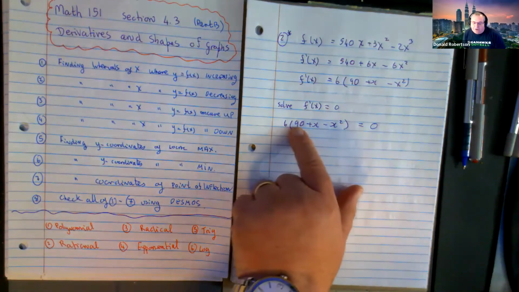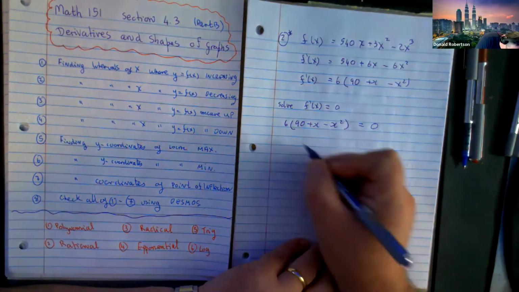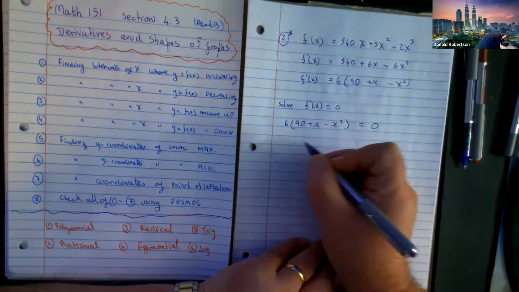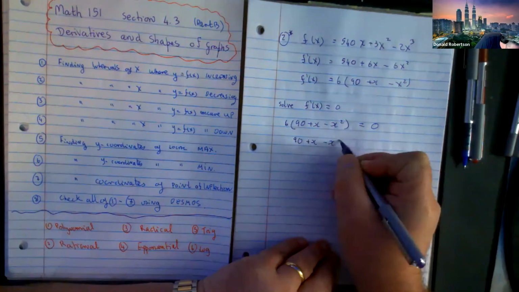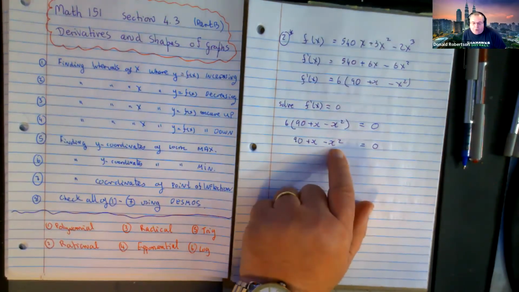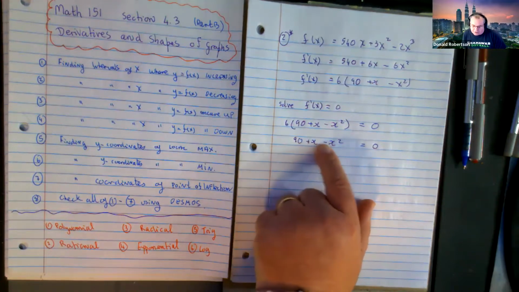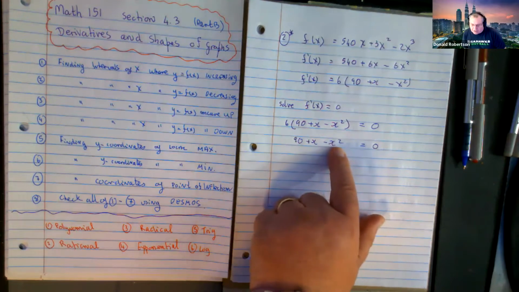Right, so I'm trying to find out what makes this 0. If I divide everybody by 6, I get that. Now, normally quadratics aren't a problem, except when the quadratic looks like this, because we don't really factor quadratics when the x squared is negative.